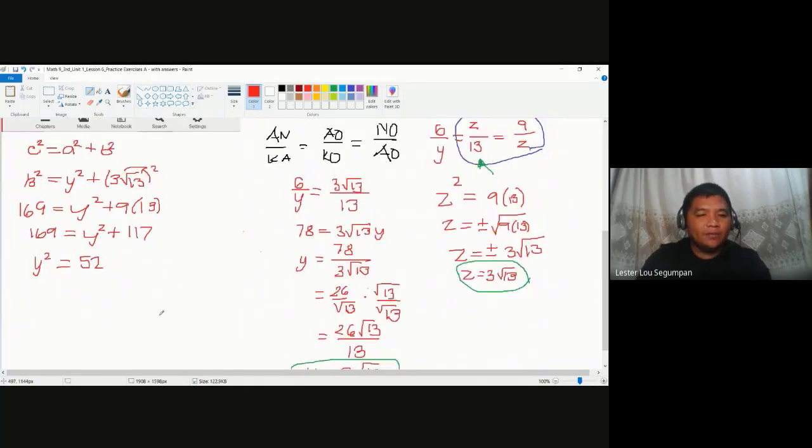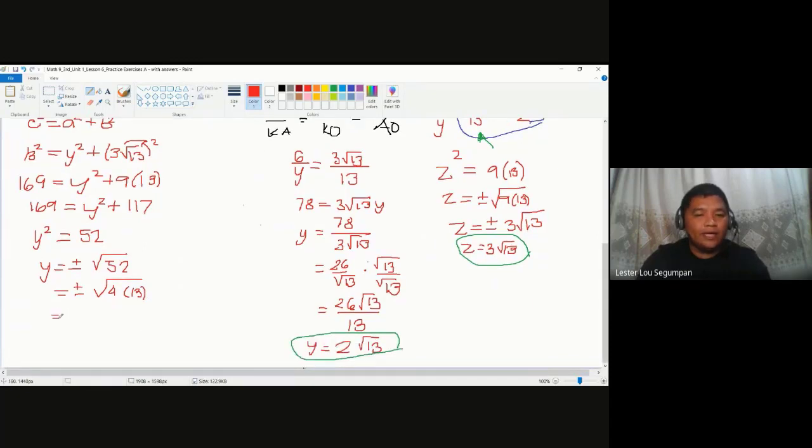Take the root of both sides, you have positive negative square root of 52. 52 is actually 4 times 13. So y could either be positive, negative, square root of 4, which is 2, then square root of 13, but only take the positive value. So you have 2 square root of 13.